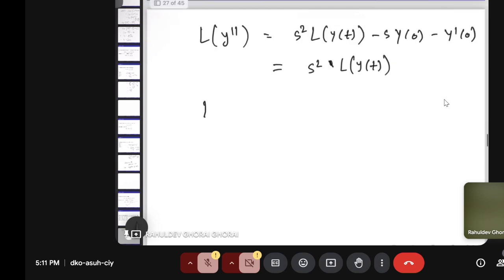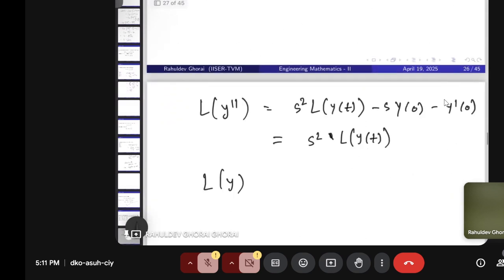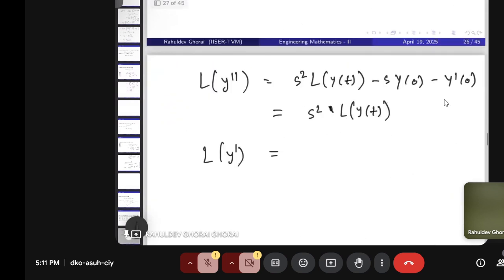Okay, what is L of y prime? L of y prime will be s times L of y(t) minus y(0), and y(0) is 0, so it is s times L of y(t).